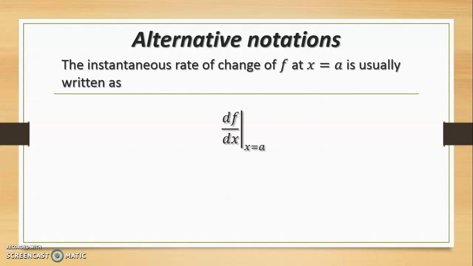Leibniz is a German mathematician who developed the idea of derivatives. More conveniently, we also can write f prime of a. So the prime symbol will be an indication that we had calculated the instantaneous rate of change of the function at a. This would be Newton's notation, which back in the days he called flux.